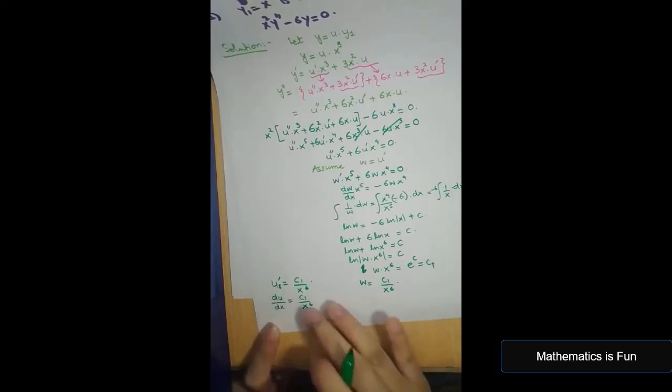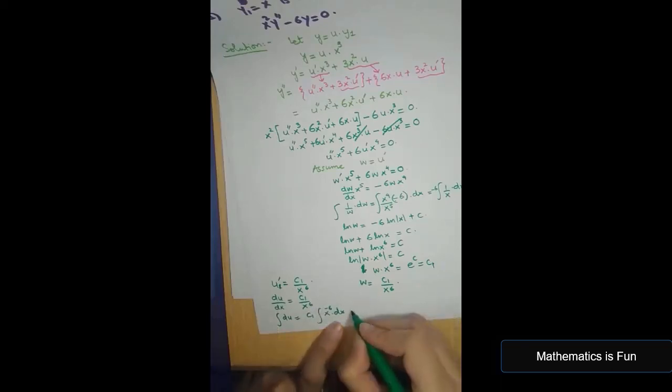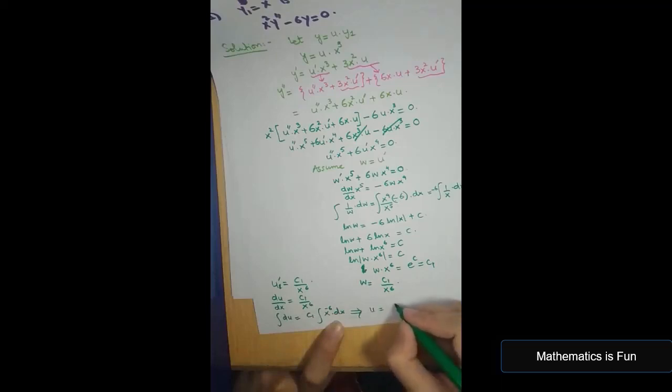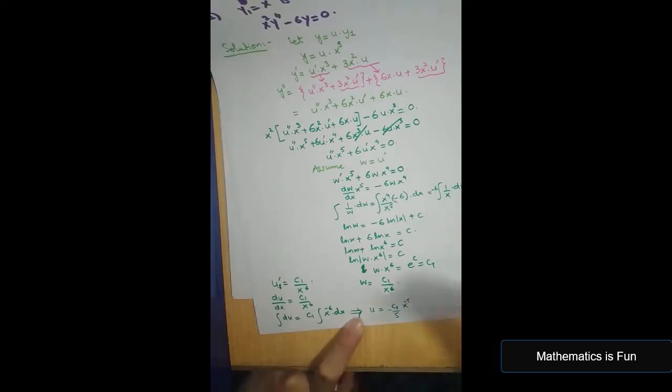And what you have to do is integrate both sides. So integrating both sides, u equals c1, and when it integrates, it becomes x to the power minus 5 divided by minus 5, or 1 over x to the power 5, and c1 and what else, plus c2, right?